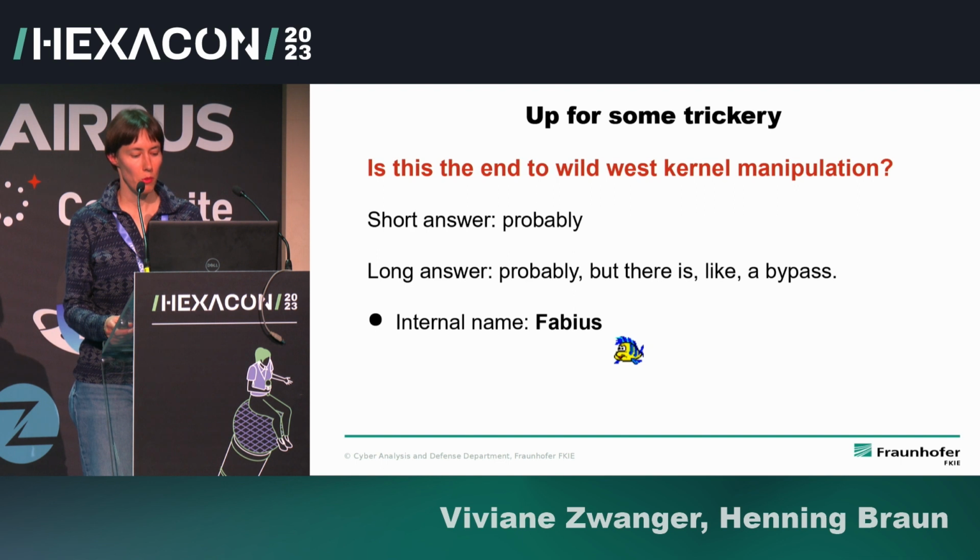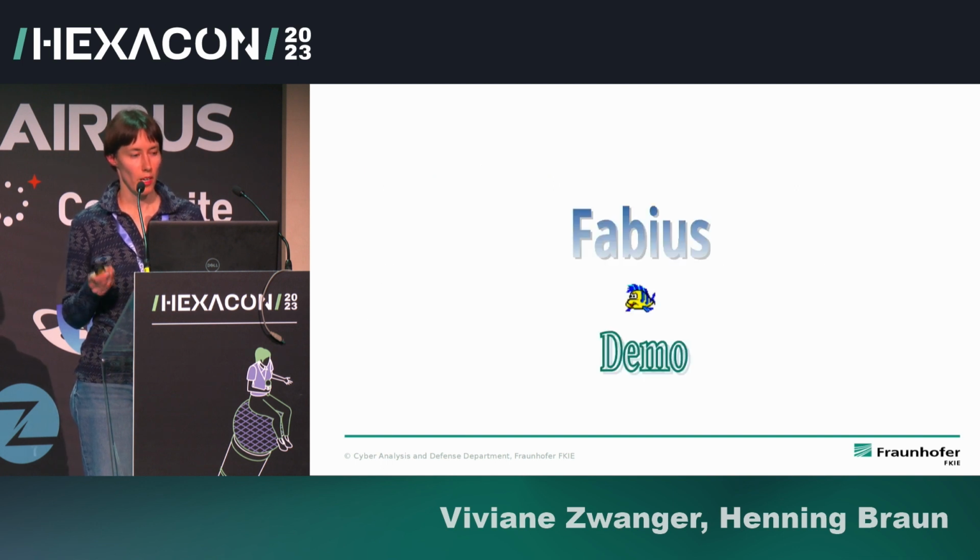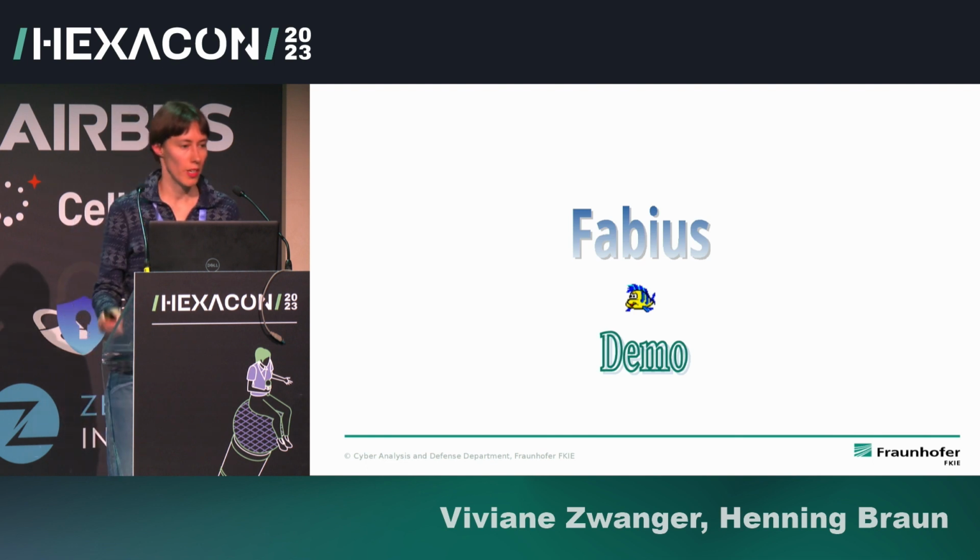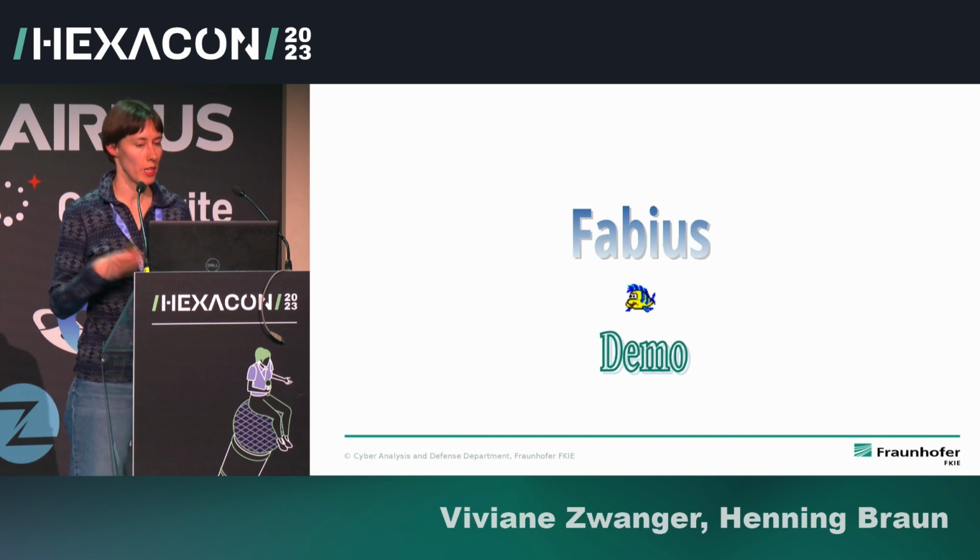By the way, we dubbed it Fabius. Most of you might know this as Flounder, perhaps, but again, we Germans, we don't call it Flounder, we call it Fabius. So, Fabius it should be. And I'd like to give you a short little demo of what Fabius is able to do even with memory integrity turned on.